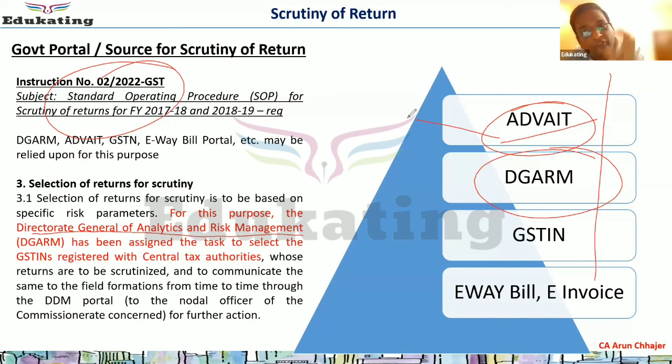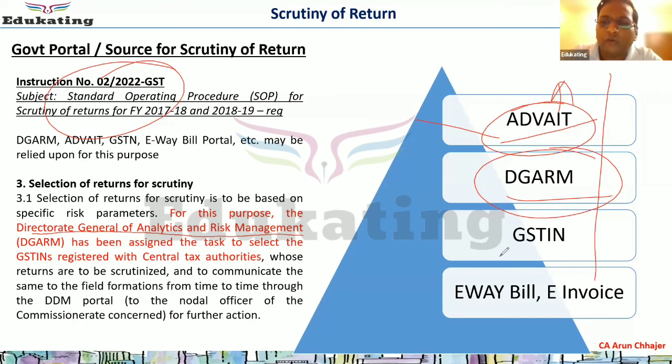All possible reports are available in the ADVAIT software, which are issued to the commissionerate. The same DGARM is also applying certain risk-based parameters, identifying which files are to be scrutinized, and they are sending the list of taxpayers to be scrutinized to the commissionerate.